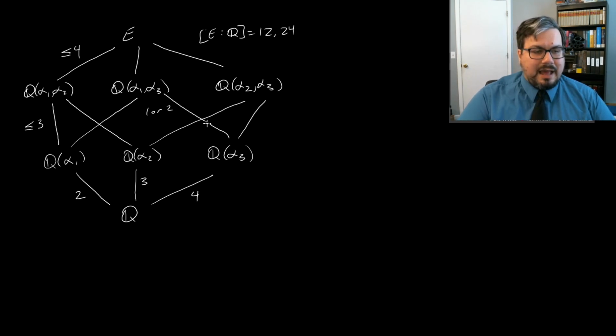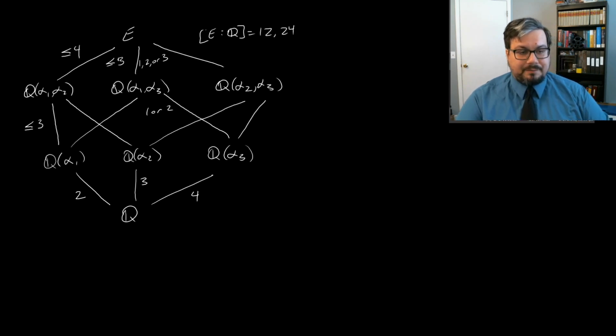Now, when we go from Q(alpha 1, alpha 3) up to E, that's throwing in an alpha 2, because the alpha 2 piece is what we're missing, going from this field up to here. And we know that alpha 2 is the root of a polynomial of degree 3. So we know that this degree is less than or equal to 3. So in particular, that means it's 1, 2, or 3.